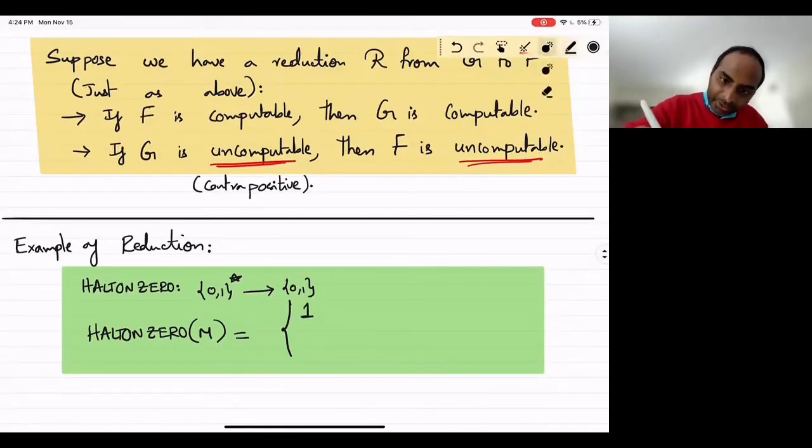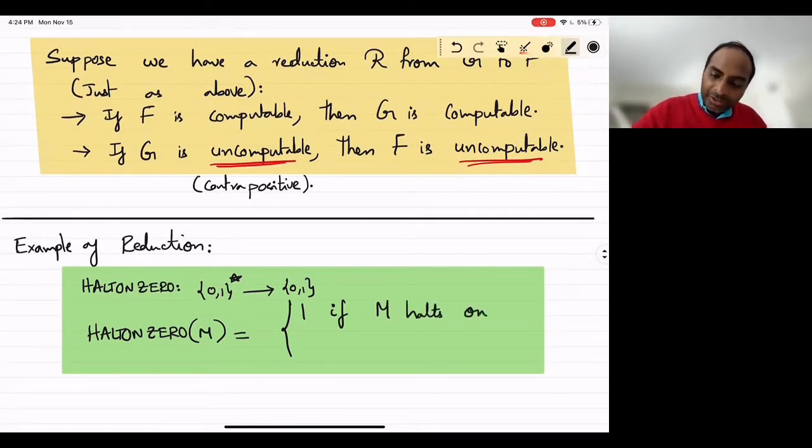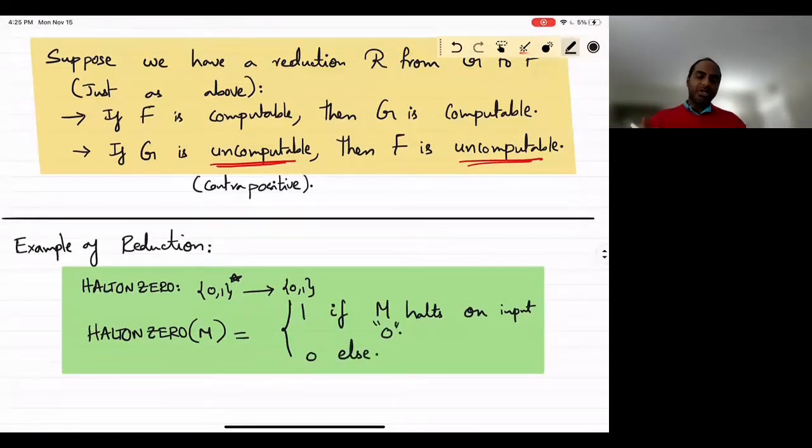The output is 1 if M, the input string when viewed as a Turing machine, halts on 0, meaning halts on input 0, and is 0 else. So you take your machine M, run it on the input being just the string 0, and then check whether or not that halts.